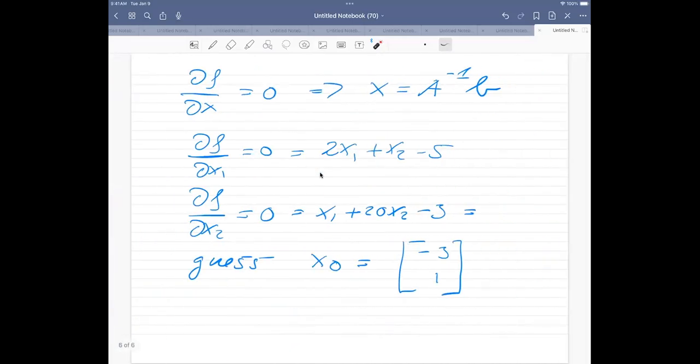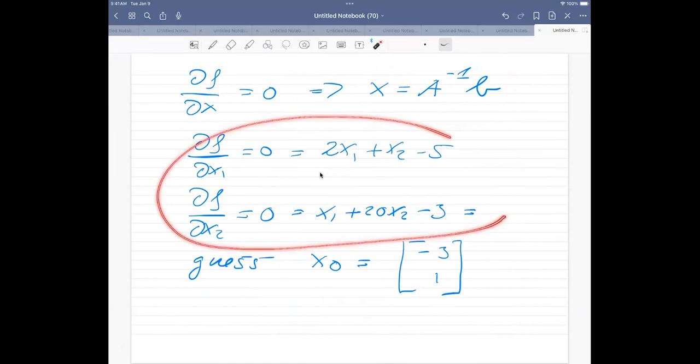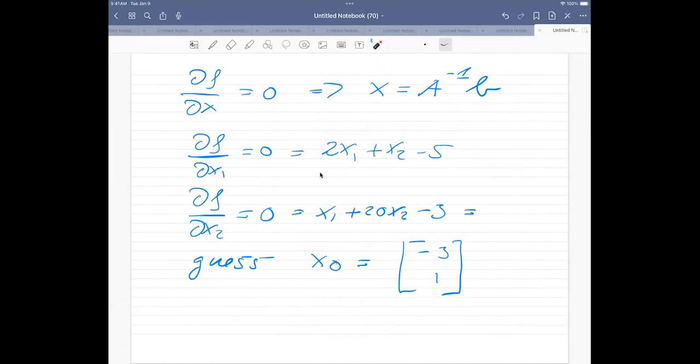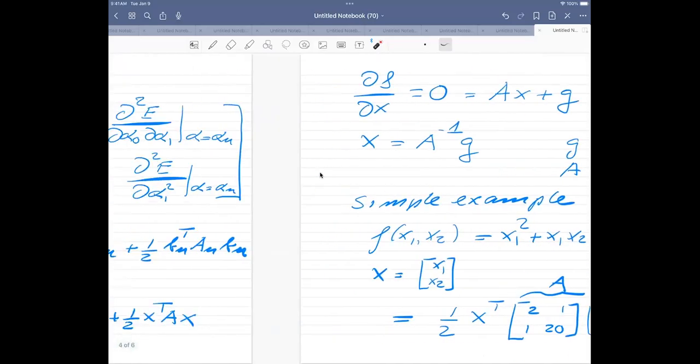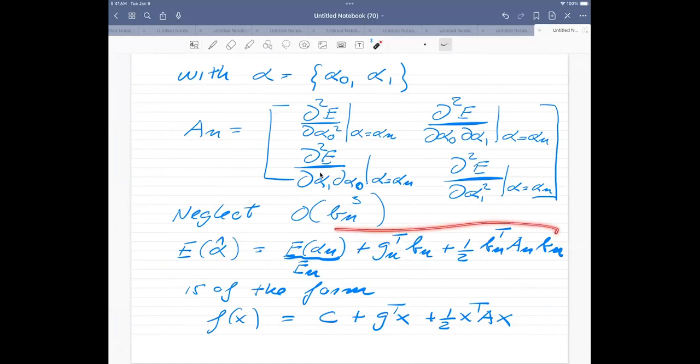That is a case which we can calculate either by simply inverting the matrix, or by simply solving this equation here, or we could solve it iteratively. And if we do it iteratively, if we now go back to what we had, we have this equation here, which we will solve iteratively.